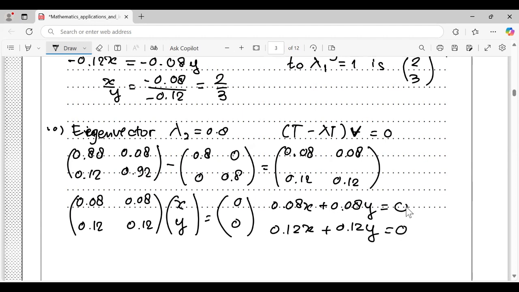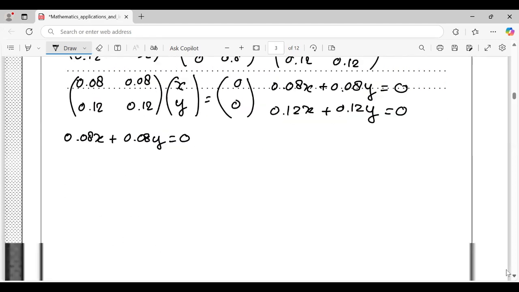Now, through the first equation, I'm going to determine the eigenvector: 0.08x plus 0.08y equals 0. Scroll down first.